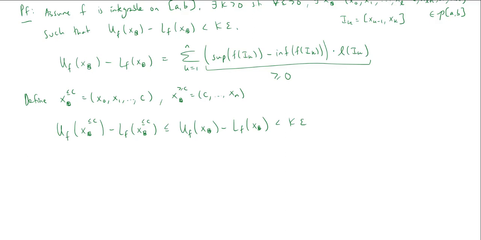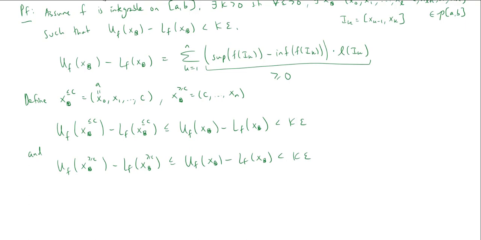And the same thing works if I'm using, of course, the greater than or equal to version. So that will also be less than UF of x minus LF of x, because again, you're removing non-negative terms. And so already by the integrability criterion, we conclude that f is integrable on the intervals, well, remember this x naught is equal to a.